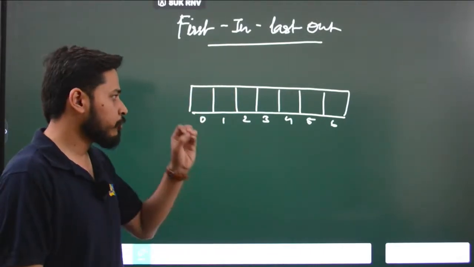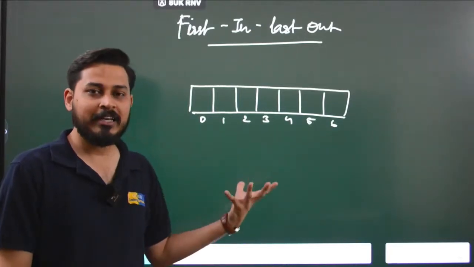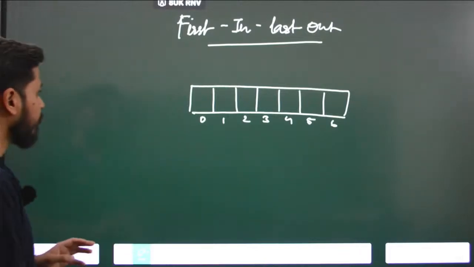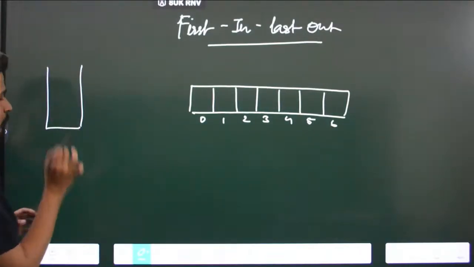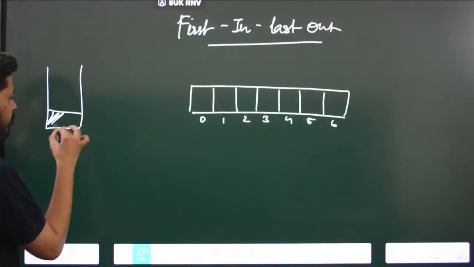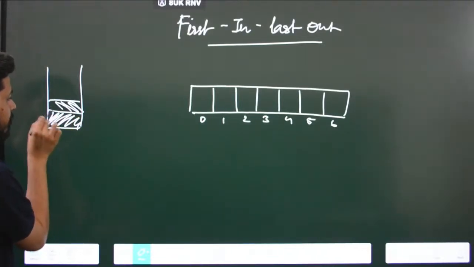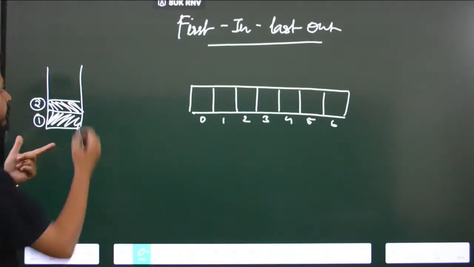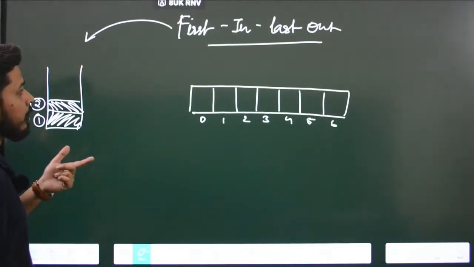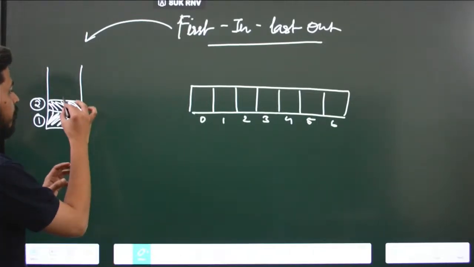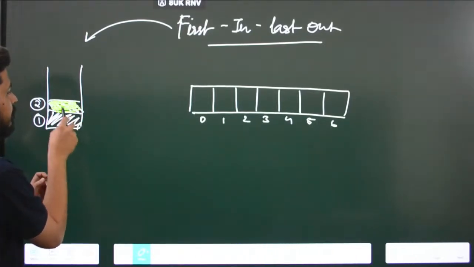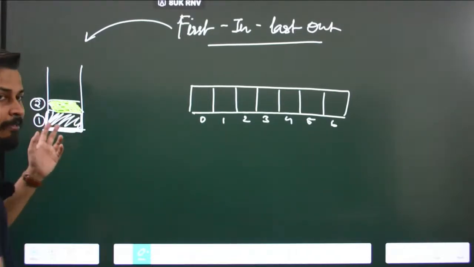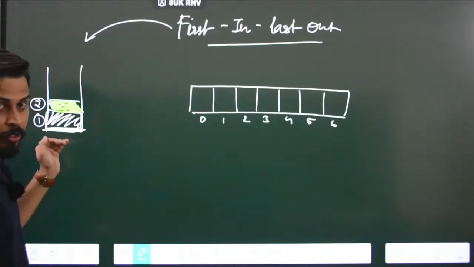Let us see. So for example, imagine you have an array like this and you want to implement the concept of first in and last out. The concept of first in and last out says that if this is your stack and these are the elements stored inside this, let's say there are two elements, this is element 1 and this is element 2, and if I remove any element, this element gets removed first, meaning this first element will be removed at the last because it is the first one that went inside.